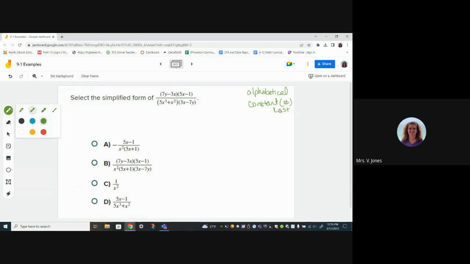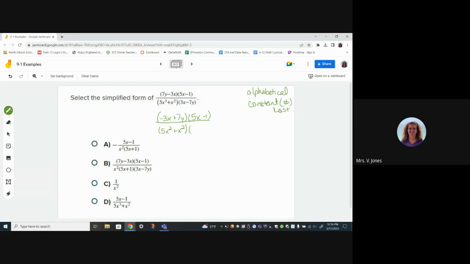So the first thing I'm going to do here is rewrite this problem. On the top, I have a 7y minus 3x. It's not alphabetical. So the 3x has the negative, I'm going to put that first. 7y is positive. This one is fine. This one, we've got the largest variables down to the smallest variables, or degrees, exponents.